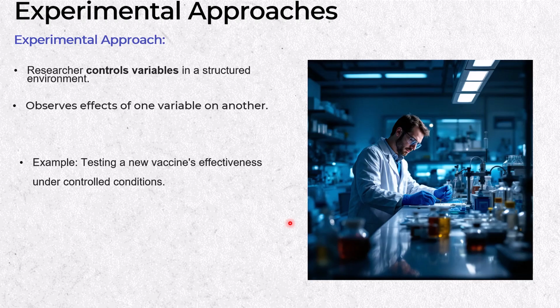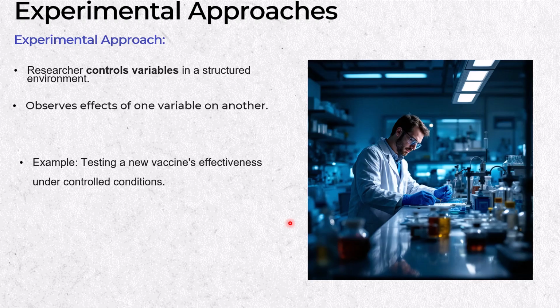In a structured environment, he observes effects of one variable on another, and it is by using those observations that he can now derive some findings or conclusions or results.